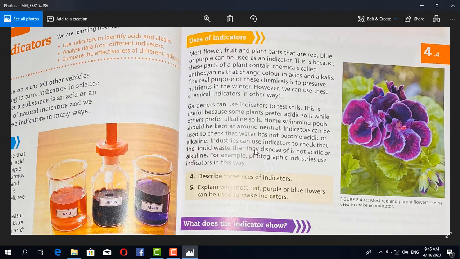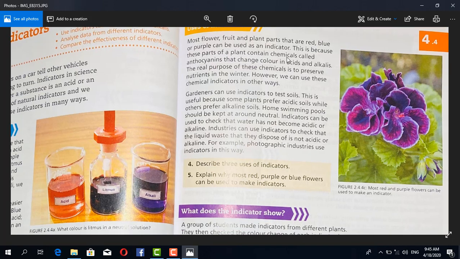Industries can use indicators to check that the liquid waste they dispose of is not acidic or alkali. For example, photographic industries use indicators this way.